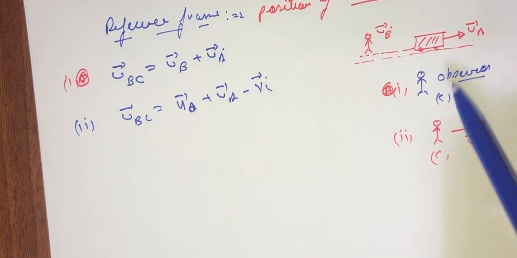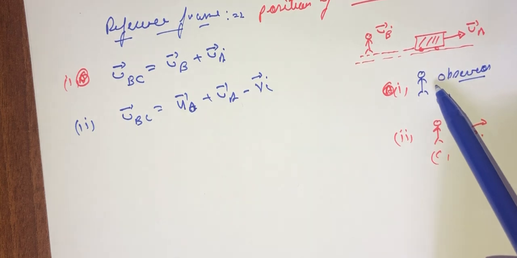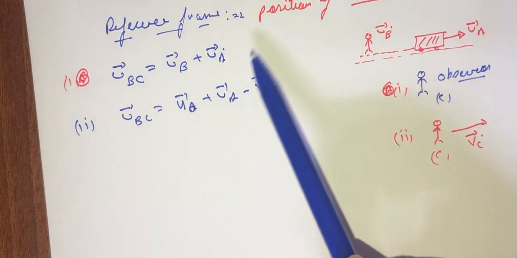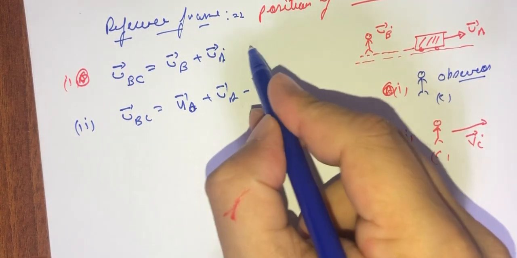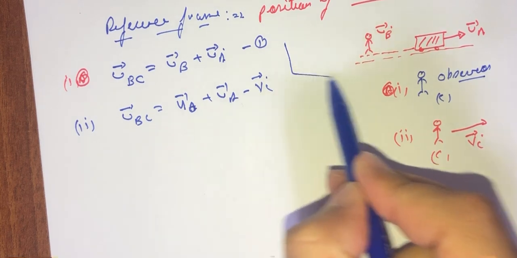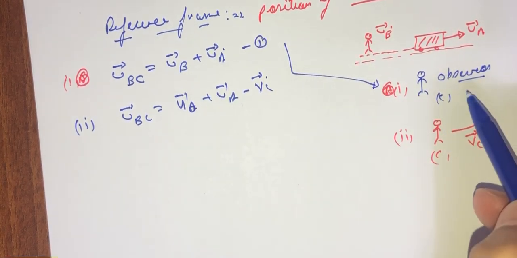So we can see, if the reference frame in the first case was stationary, the relative velocity will come as this first equation, which is based on the observer being stationary.